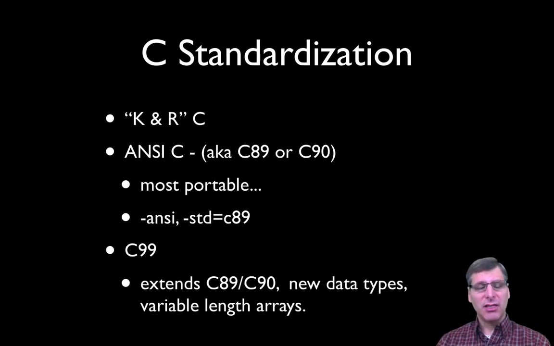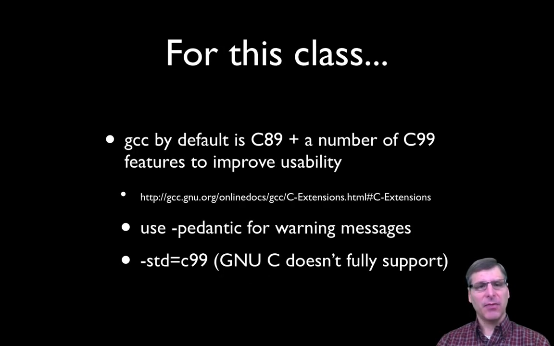And then there's C99, a more recent version of the C language that extends the C89, C90 specification. It adds some new data types, and it also adds support for variable length arrays. Now, by default, the GCC compiler that most of you will be using is going to default to the ANSI C version. So if you don't specify anything, you'll end up using ANSI C. And that's what we're saying here.